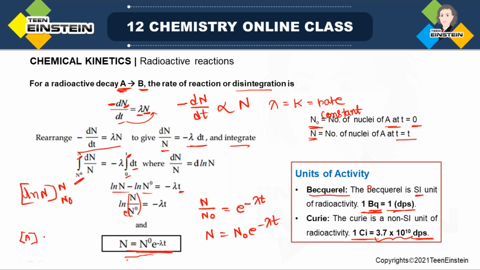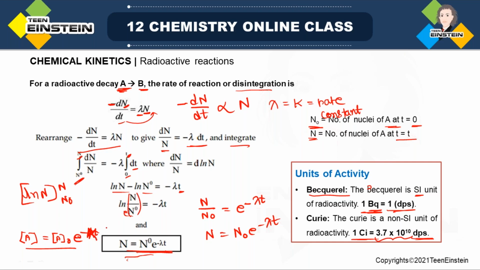We have expressed it like this, [A] equals [A] naught e to the power minus kt. This third bracket I am using here is for concentration. Just compare these two expressions. These two are almost similar. Only, sorry, we use k here, not lambda.